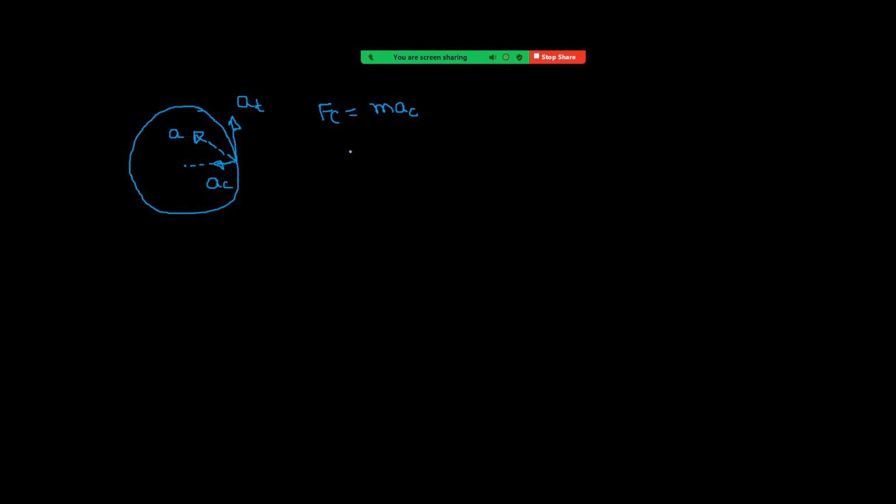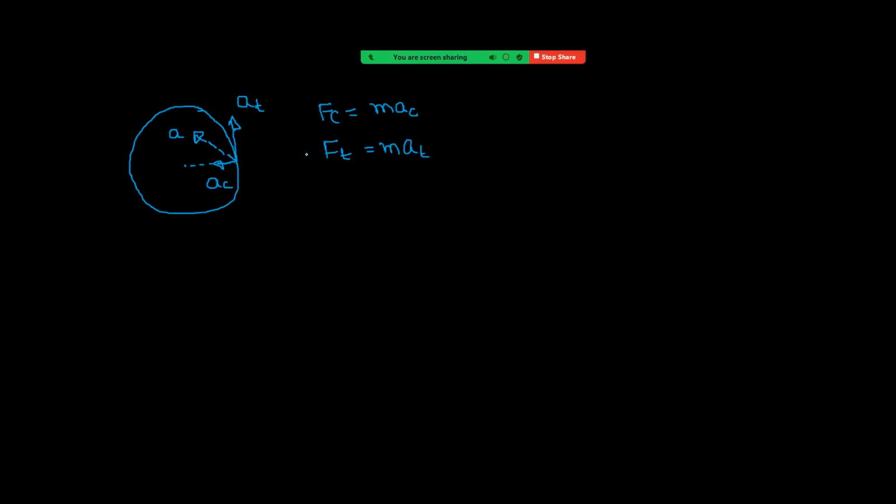Whenever any question is given based on circular motion, first we have to focus on which force or forces are providing centripetal force. And next we can write tangential force. Tangential force is equal to mass into tangential acceleration. Simply, net force is mass into acceleration.